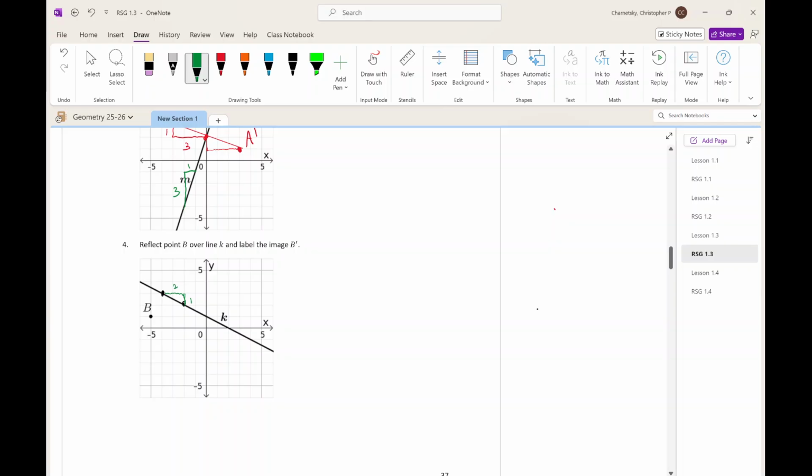So to reflect this, we're going to go positive up 2/1, and then another up 2/1, and that is where B prime is going to be located.